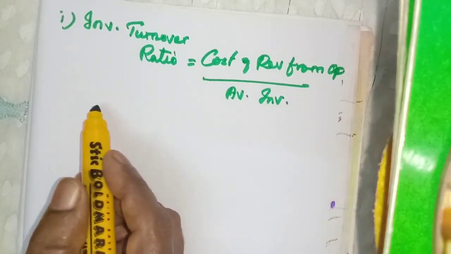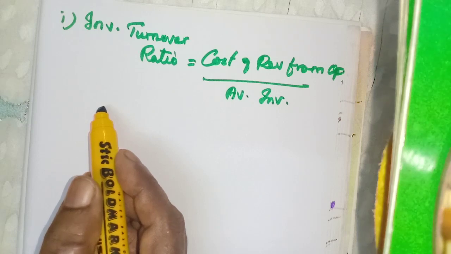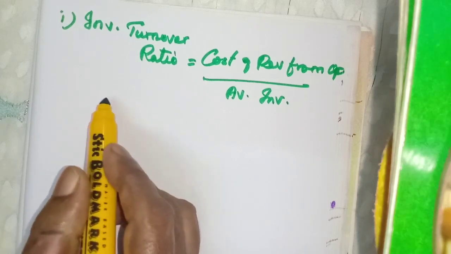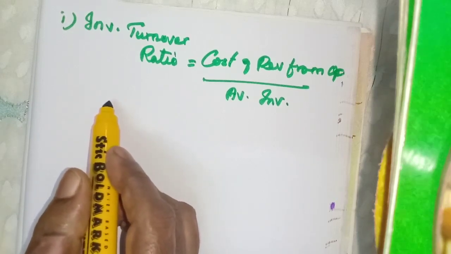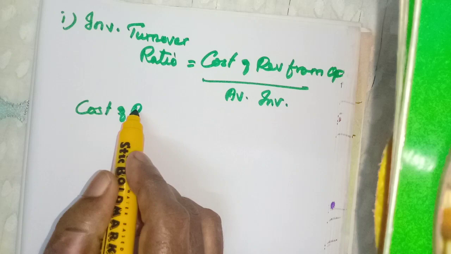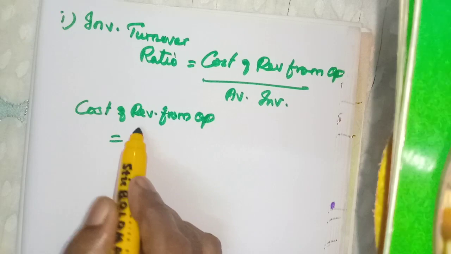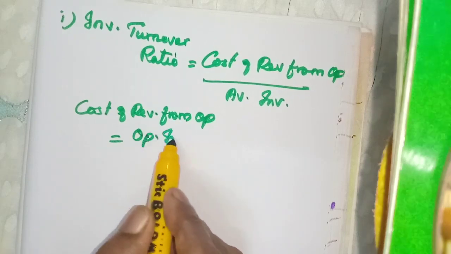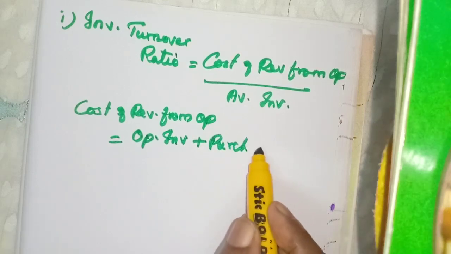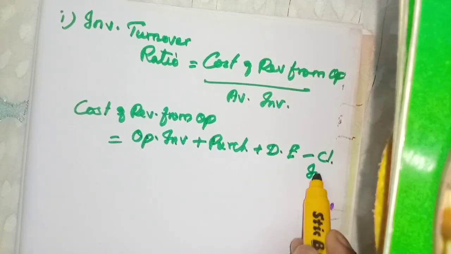First, cost of revenue from operation is equal to opening inventory plus purchases plus direct expenses minus closing inventory.